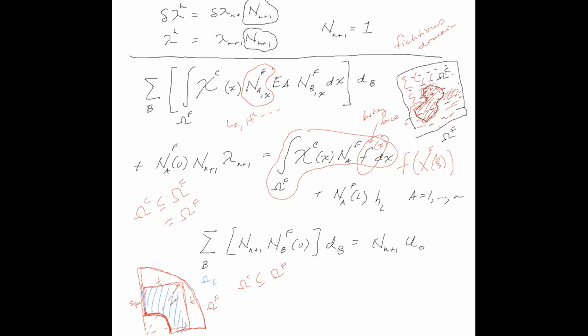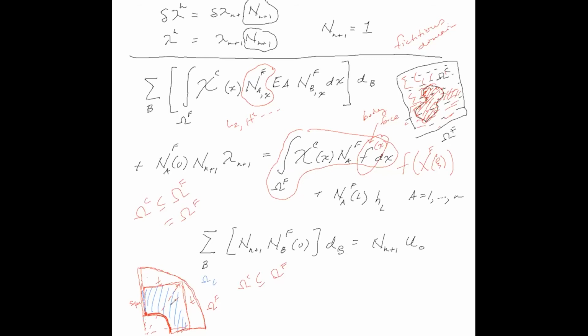So is there any advantage to doing that over just making omega F be a square that contains everything? Yeah, there's a huge advantage, like a huge advantage. And maybe I'll put together some results. We're working on some results to add to the lecture notes, where if you can create your flex domain so that it mimics the bulk geometric parametrization of the problem, you get the same with higher order splines.